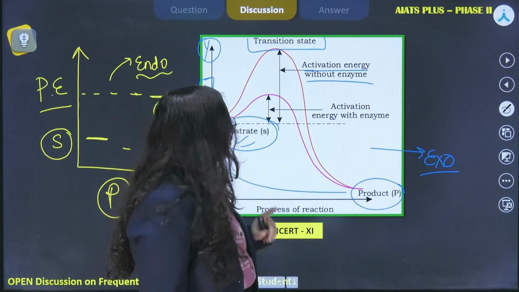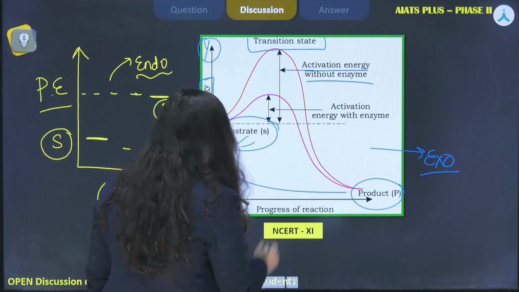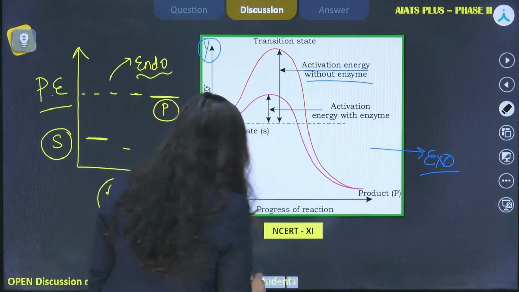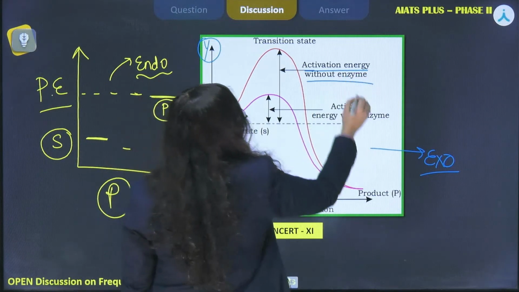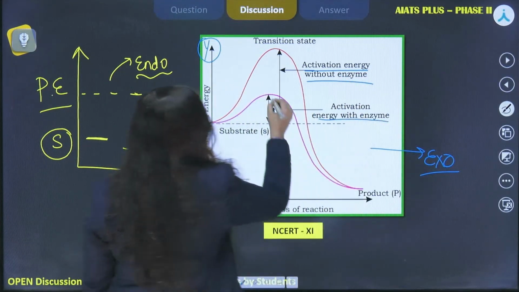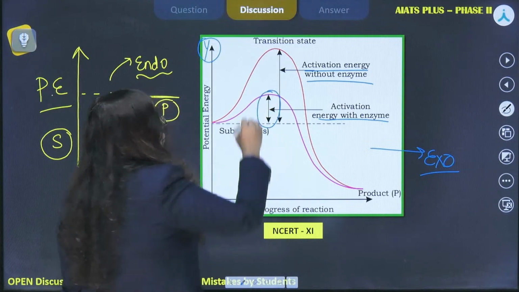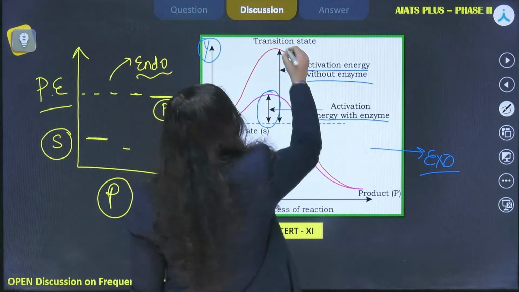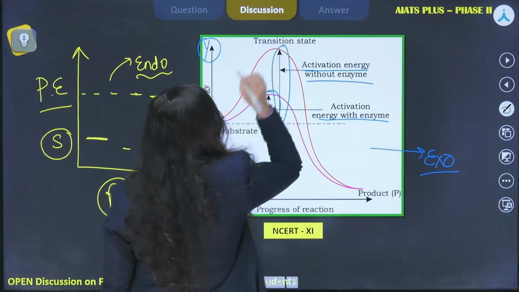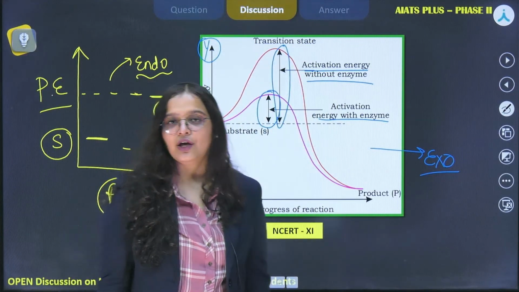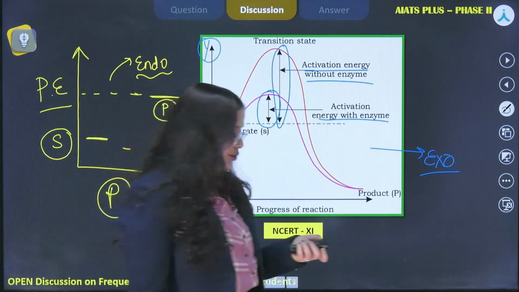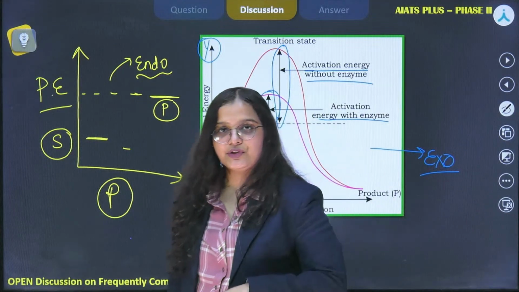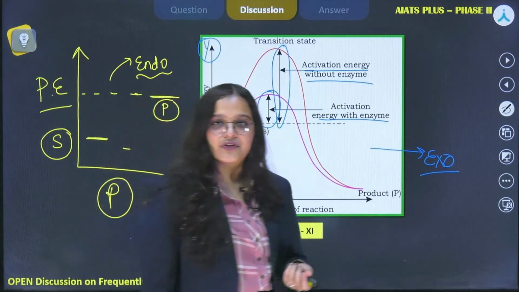So in the presence of enzyme, we have a lower energy barrier that needs to be crossed, whereas without the enzyme we have a higher energy barrier for activation energy which needs to be crossed. So basically enzymes act as biocatalysts by lowering the activation energy.